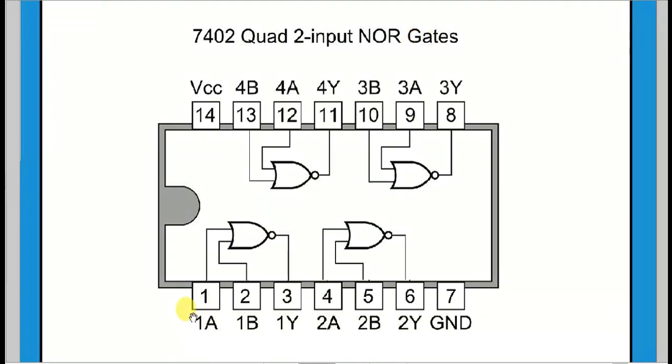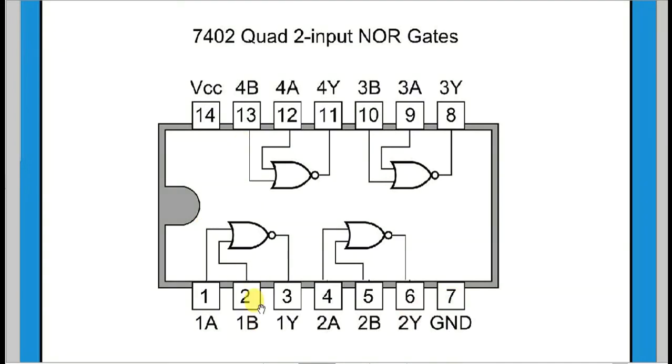As you can see here, this IC is also a 14 pin IC, 1 2 3 4 5 6 7 8 9 10 11 12 13 14. Pin 14 and 7 are reserved for the biasing voltages: VCC is connected to the positive voltage at pin number 14, and ground is connected to pin 7.